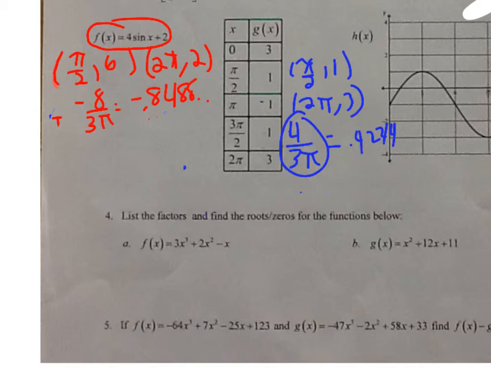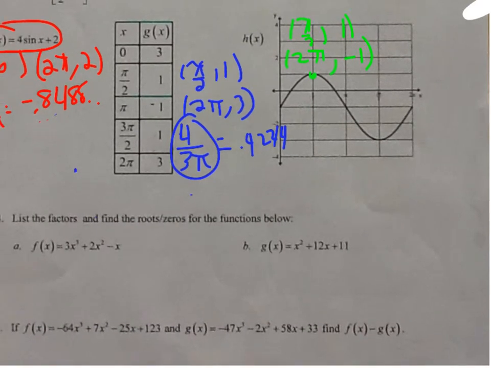So h of x over here, so my x is pi over 2, comma, pi over 2 is 1. And at 2 pi, my y value is negative 1, right? So I have it here, and the other one is over a little bit further here. Okay, so the average rate of change is going to be negative 1 minus 1 over 2 pi minus pi over 2.